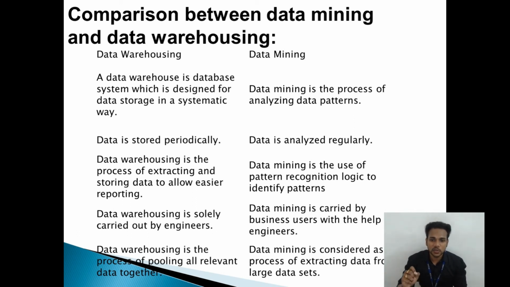Data mining is the use of pattern recognition logic to identify patterns. Data warehouse is slowly carried out by engineers. Data mining is carried out by business users and engineers. Data warehouse is the process of pulling all relevant data together. Data mining is considered the process of extracting data from large data sets.